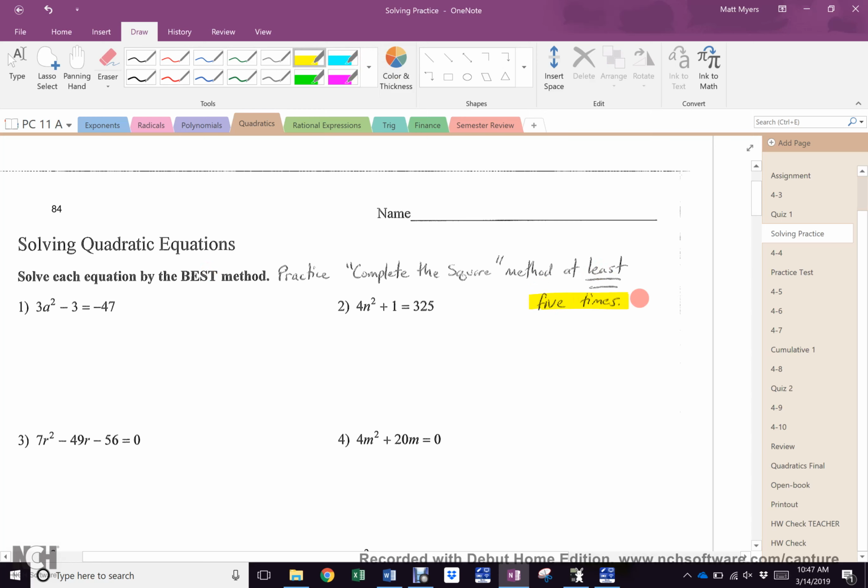You have 4 methods to choose from. 1, factor. 2, complete the square. 3, quad formula. 4, GDC.